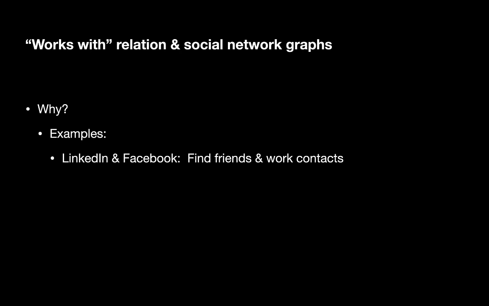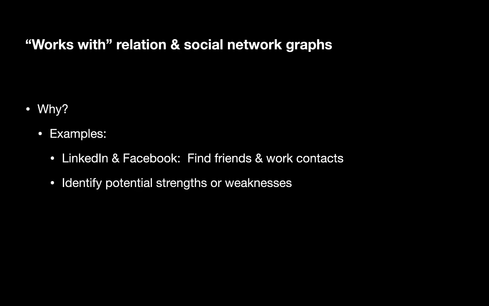Okay, so why might we be interested in this sort of a graph? Well, there are some different examples. You've probably already experienced this in real life if you use either LinkedIn or Facebook, where it recommends people you may know. It does that basically by representing people in some sort of a graph data structure and then using some algorithms to figure out close connections.